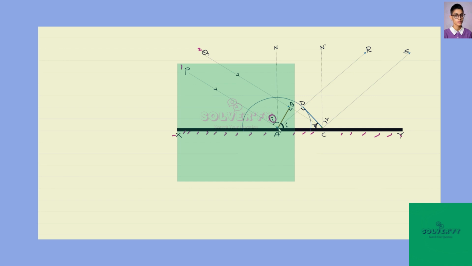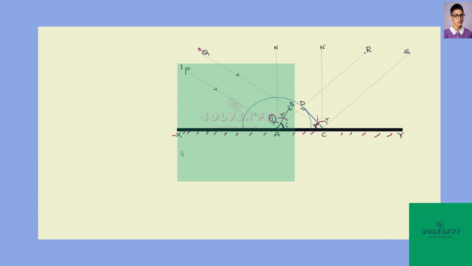The reflected ray AR makes an angle with the normal, which we call the angle of reflection. In the case of the QC ray, the angle made by QC with this normal N dash would be i, and the angle made by the reflected ray CS with this N dash normal would be the angle of reflection r.